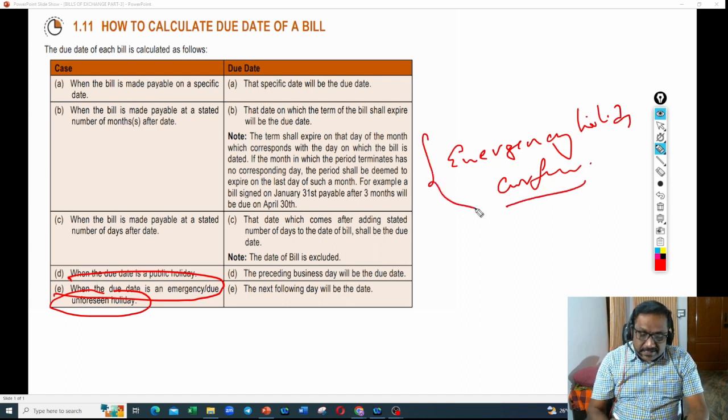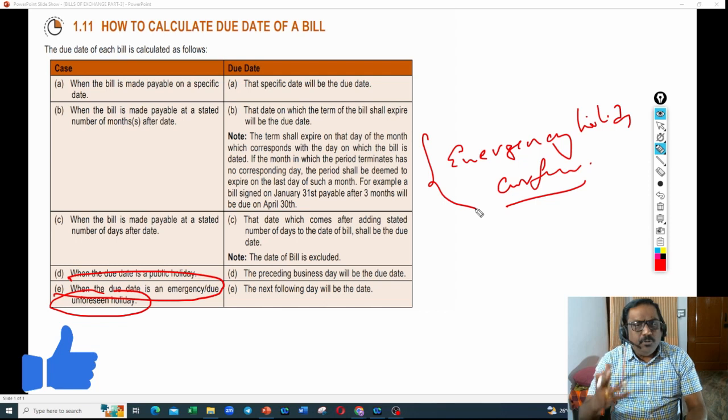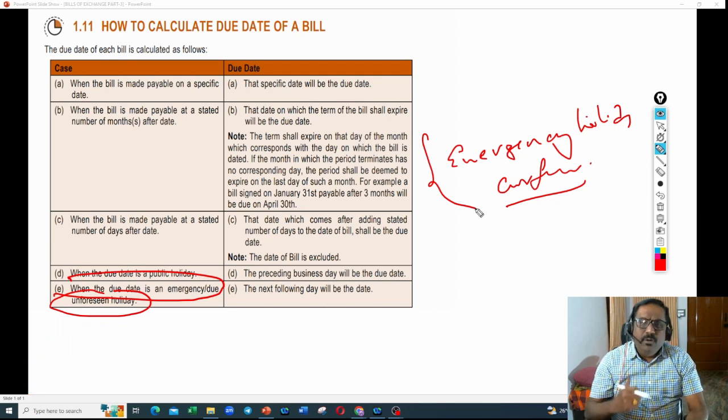So in those circumstances, whenever there is an emergency holiday declared by the government, due to any curfew or corona, any reason, that emergency holiday will not be considered as a due date. Next day will be considered as a due date.